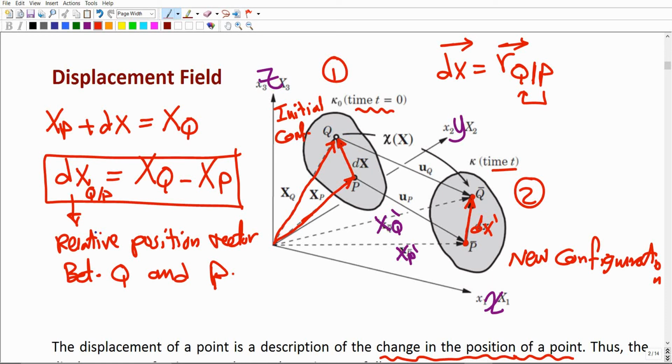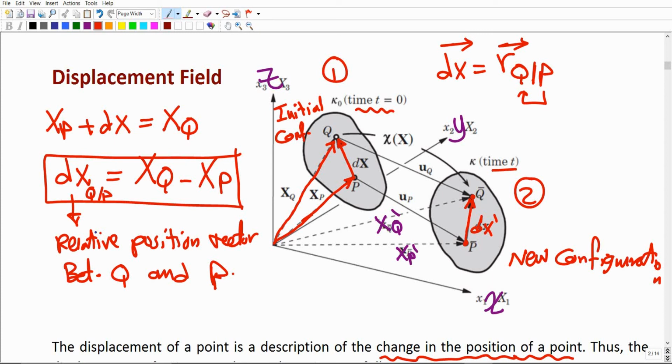The rigid body motion occurs only under one condition, that these two displacements, UQ and UP, are identical. Identical in terms of magnitude and direction. Remember that a vector requires two things, magnitude and direction, to be fully described, right? So for example, I may have both of them with the same magnitude but different directions. There is deformation.